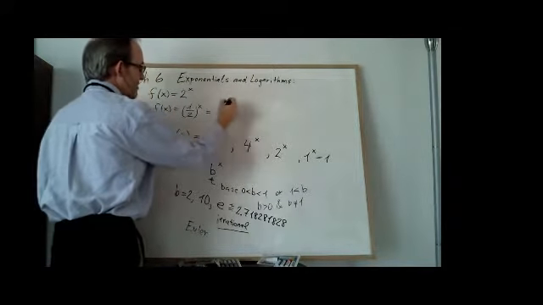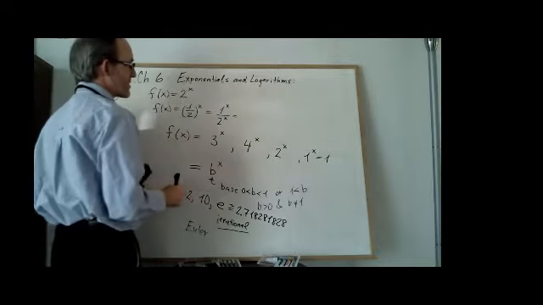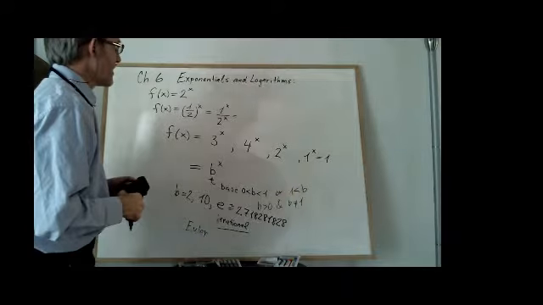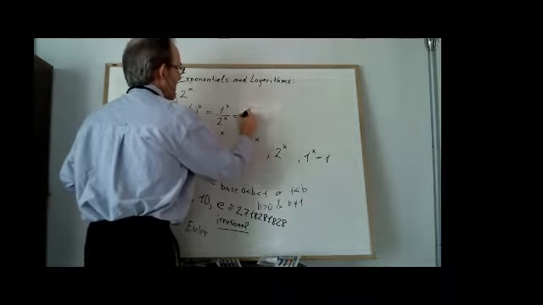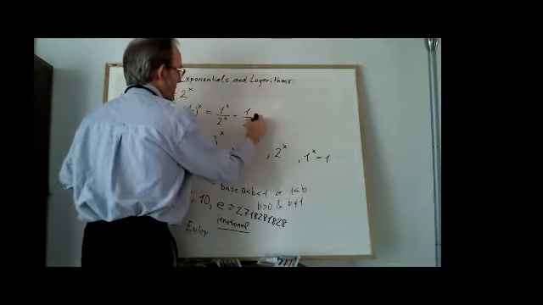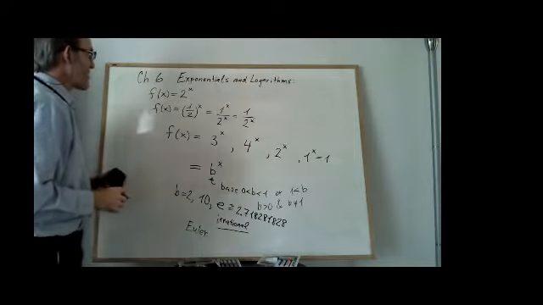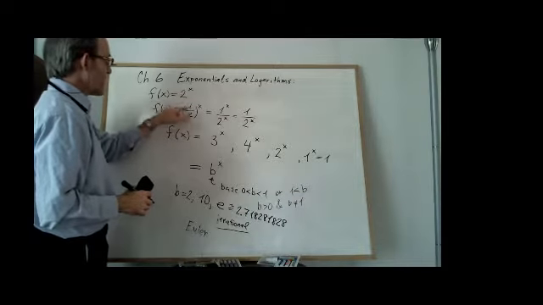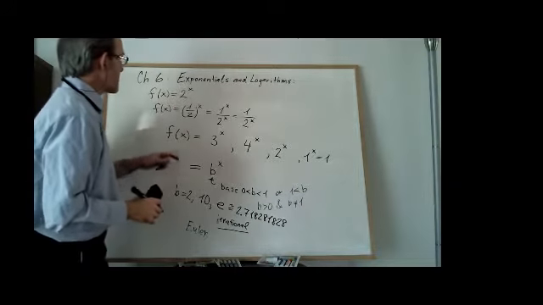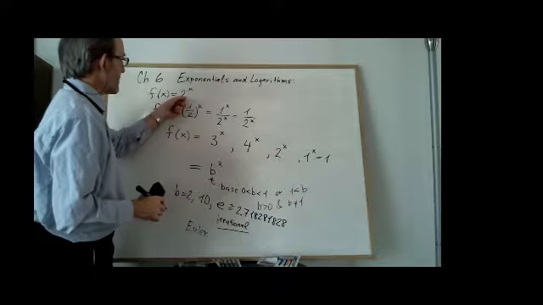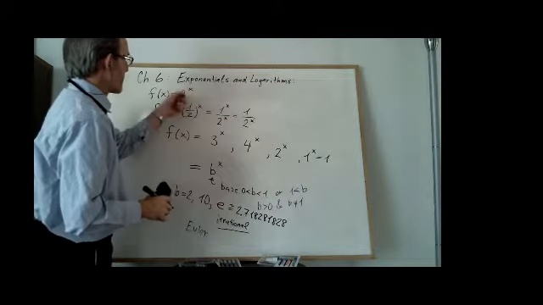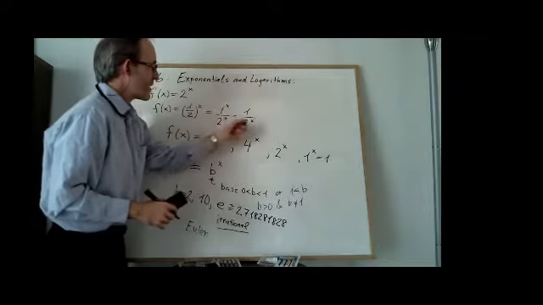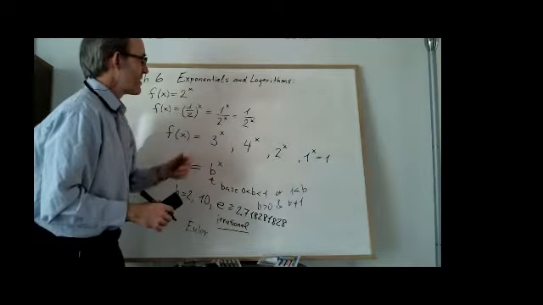So 1 to the power x is always equal to 1. 1 times itself any number of times is equal to 1, just like I wrote over here, and this will remain 2 to the power x. So replacing b by 1 over b as a base will simply give you the reciprocal function from what you had before. So I've just taken this original function and taken 1 divided by that function, and that's the new function.